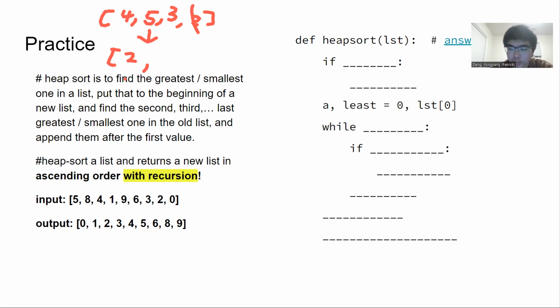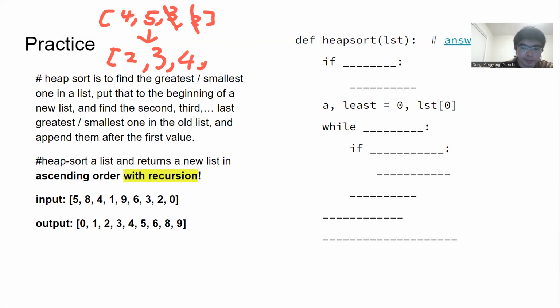Then in the old list, the second smallest one is 3. I remove 3, and then find the third smallest one. I have 4 and 5, so 4 is the third smallest.